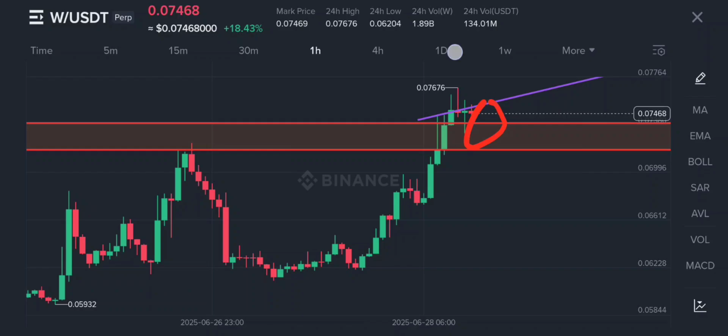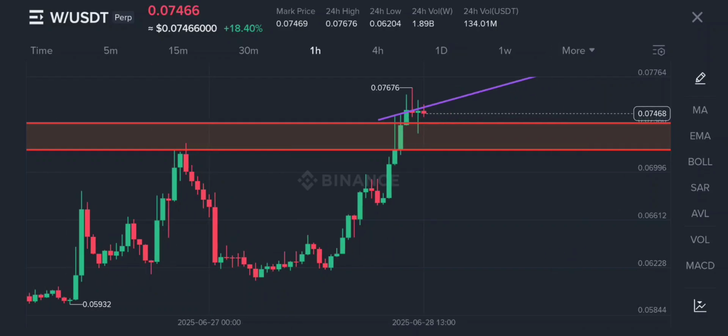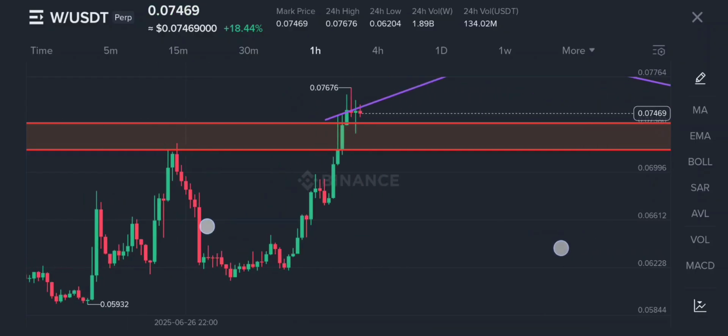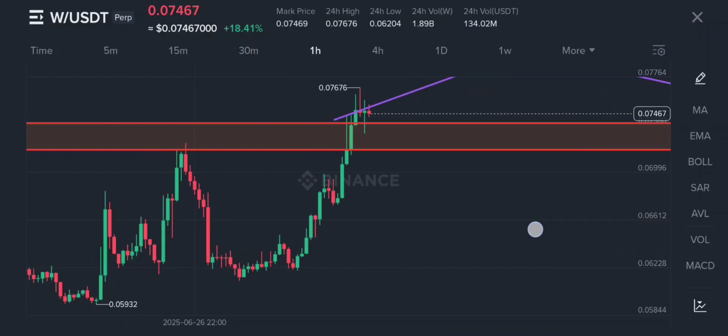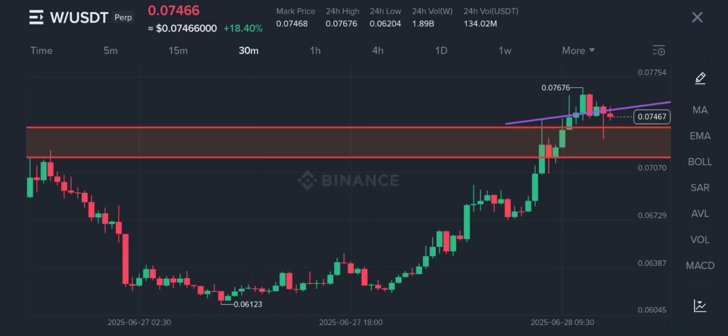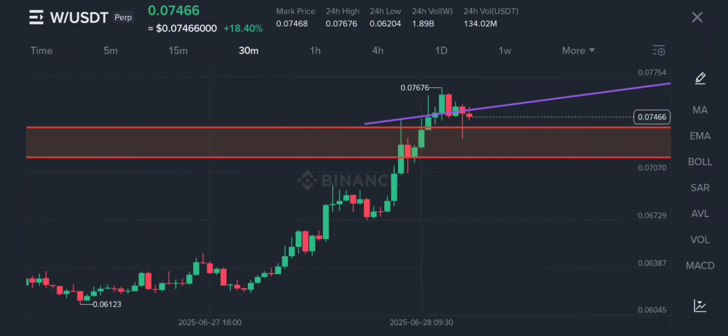Once the candle that is printing now comes into our point of interest, this is the candle for me. I'm going to look for a buy opportunity. Then in my buy opportunity, I will place my stop loss below this wick. So my stop loss will be somewhere here.